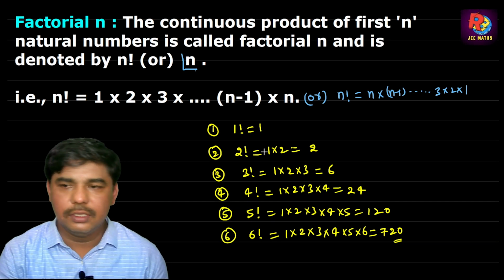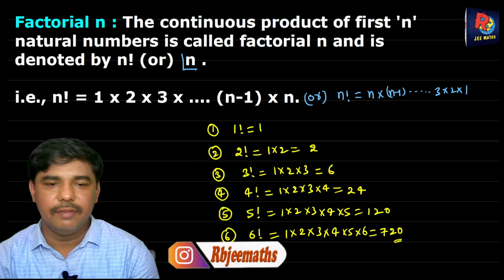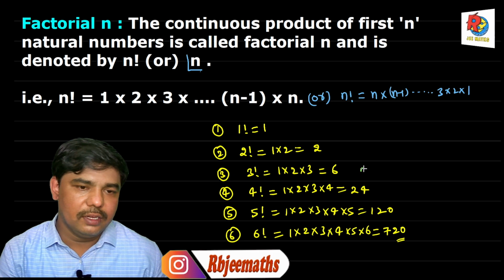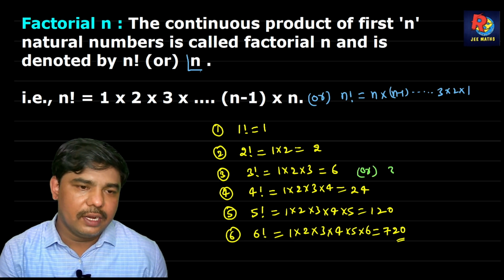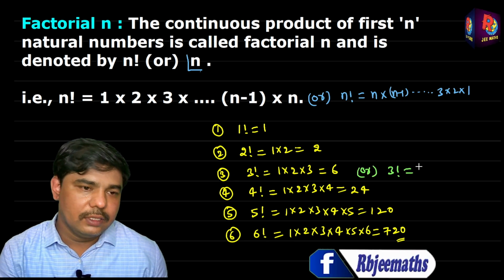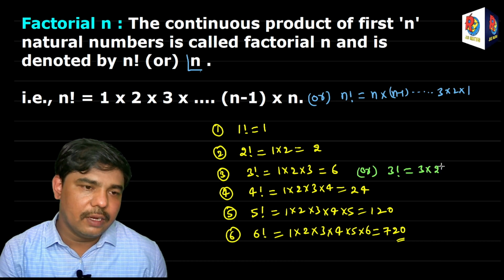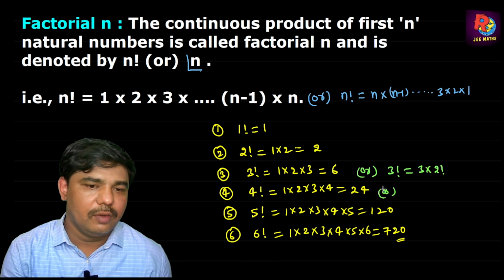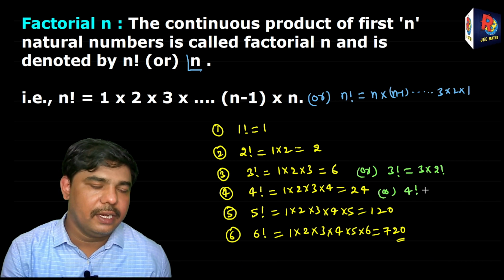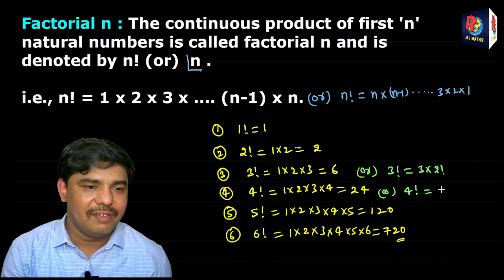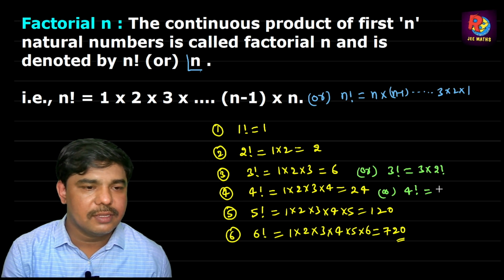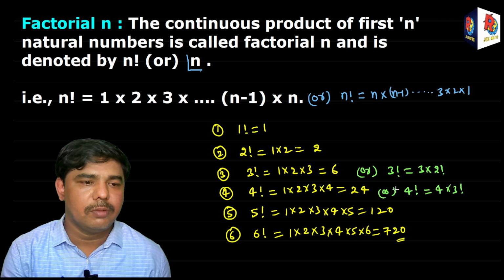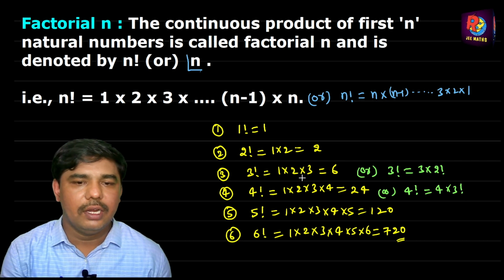For the remaining, I will give one more hint. Observe 3 factorial. We can write 3 into 2 factorial, only one step up to 2 factorial. If you want 4 factorial, we can write 4 into 3 factorial. 3 factorial means nothing but 1 into 2 into 3.